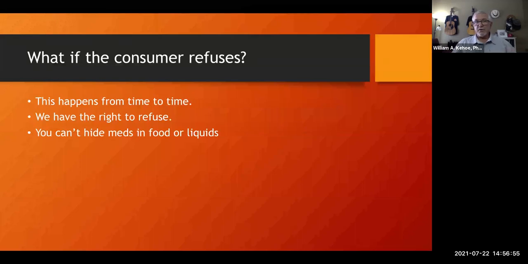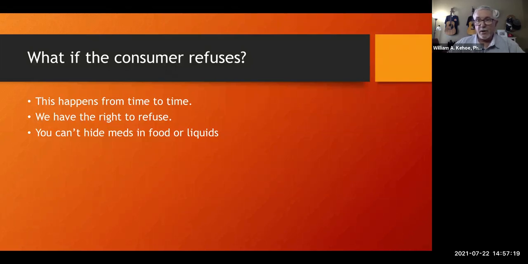So let's talk about those refusals. It does happen from time to time, and you have to remember consumers have the right to refuse medications unless there's very, very specific reasons. It's called a Reese hearing, where they're found to be incapable of making decisions and they have a conservator, all these things.